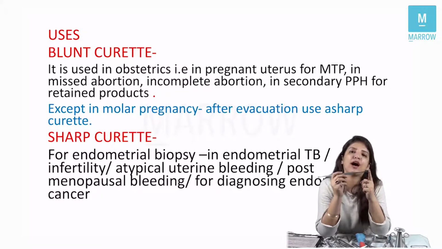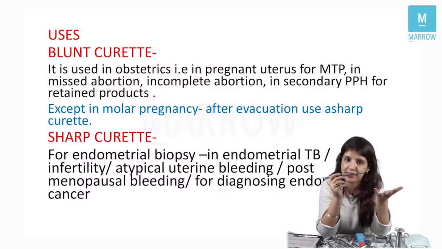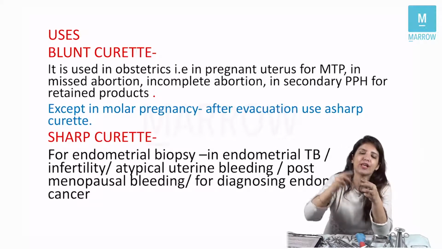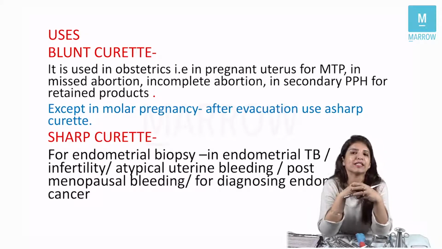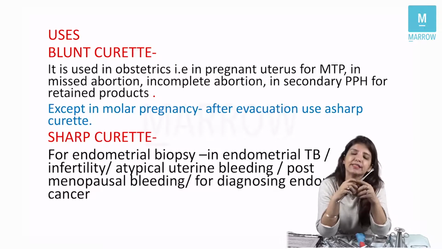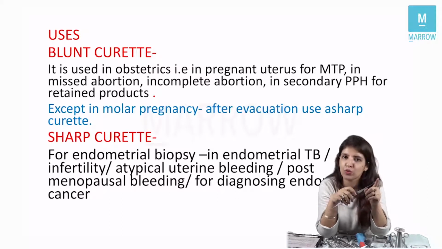Or suppose after delivery, the female is having secondary PPH and you suspect that parts of placenta or fetal membrane have been retained inside. In that case, I'm going to use a blunt curette and check for the retained parts of placenta or any membrane. Always in obstetrics, you use a blunt curette on a pregnant uterus except in one situation.